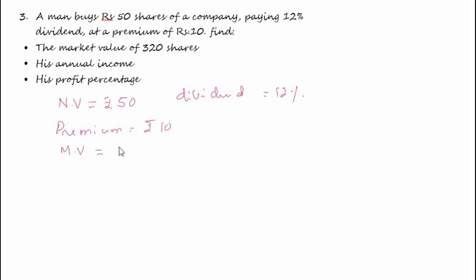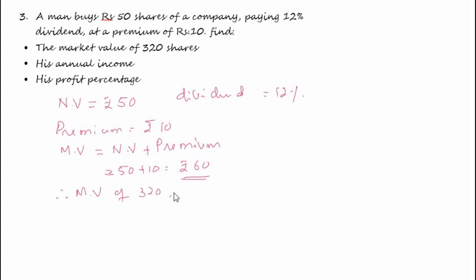Market value is always nominal value plus the premium. That is 50 plus 10, so it is rupees 60. So this is the market value of one share. So how many shares does he buy? 320 shares.